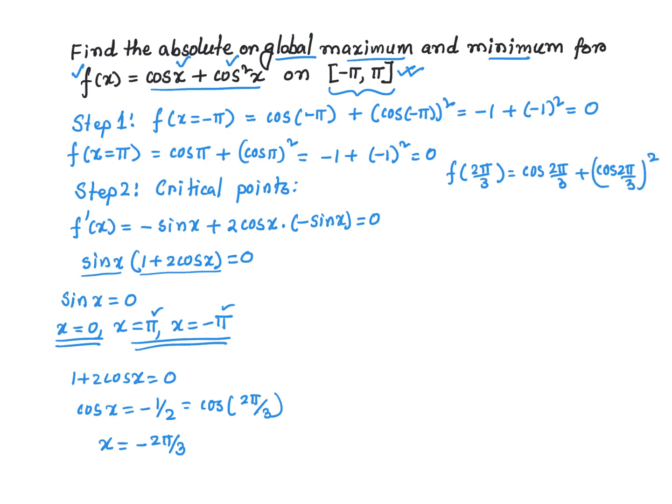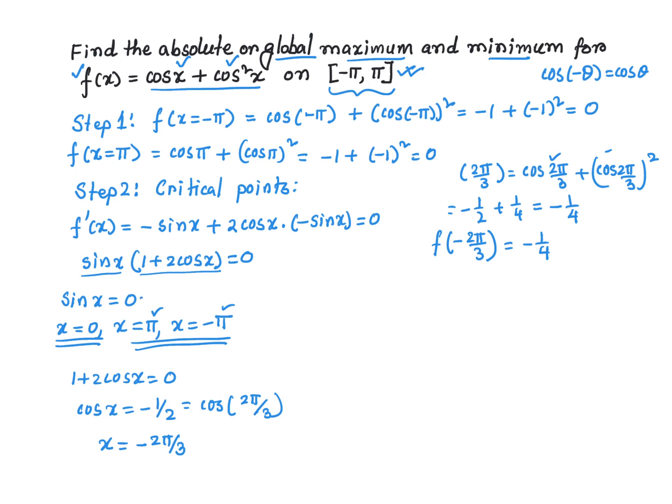Cosine of 2 pi over 3 is negative 1/2, so that's going to give me negative 1/2 plus 1/2 square, which is 1/4, and that's going to give me negative 1/4. Similarly, when you plug in f of negative 2 pi over 3, you remember cosine of negative theta is the same as cosine of theta, so this is going to also give me negative 1/4.